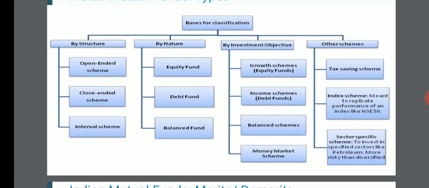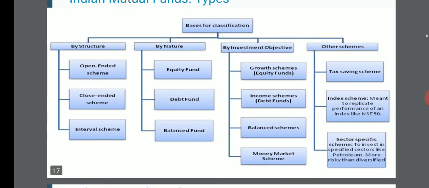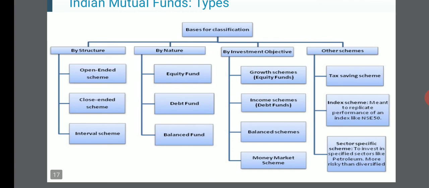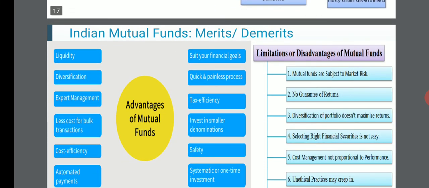Tax saving schemes are the schemes which give you tax benefits. Index schemes are the schemes which are based on some index as underlying, and sector specific schemes are the schemes which are based on some specific sector like petroleum, gas, commodity, and some specific sector based schemes are there.